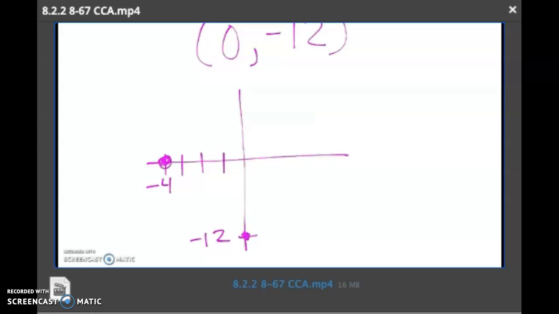I've got my y-intercept, and then I know I have my other zero, my other root at 3/2, so at 1.5, somewhere in here. Now looking at this, I know that my vertex has to be in between my two points, so I'm going to assume it's somewhere down here and just draw a rough sketch of that parabola.